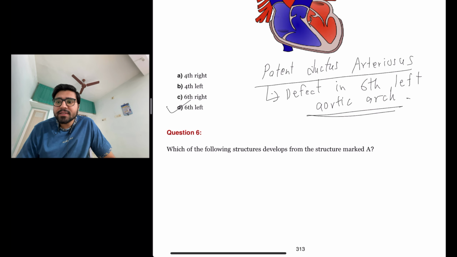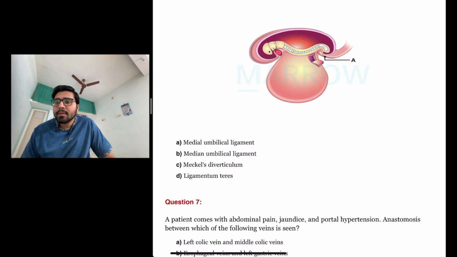The next question is: which of the following structures develops from the structure marked A? So the structure marked as A is allantois.